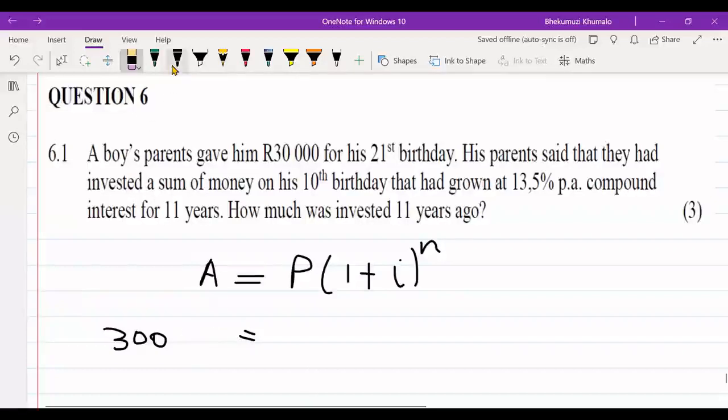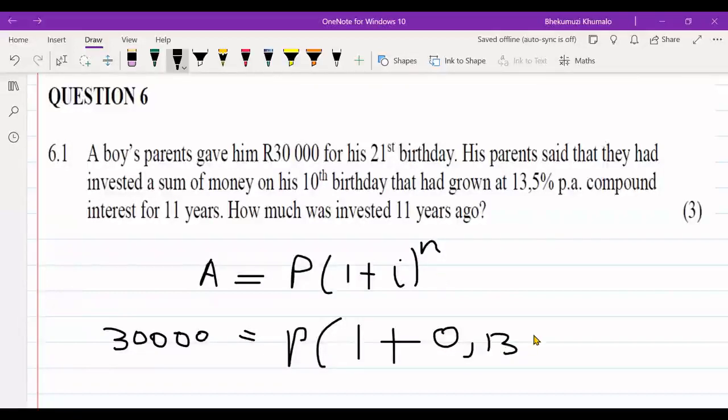30,000 equals P times 1 plus i, and we rewrite i in terms of decimals, so this is 0.135, and that is all to the power what?